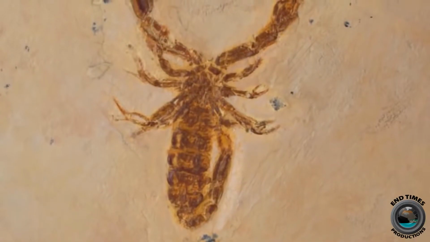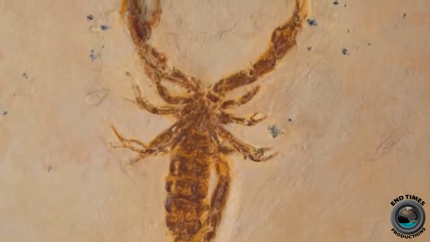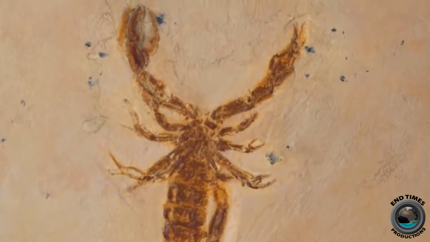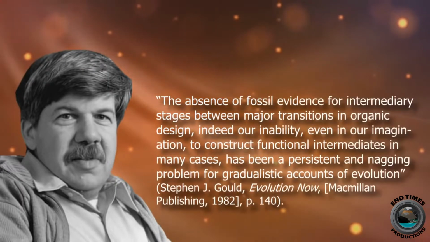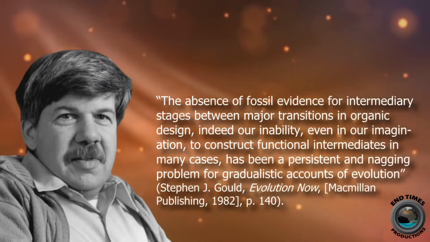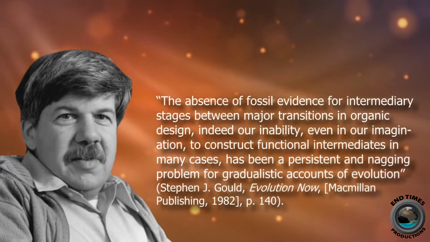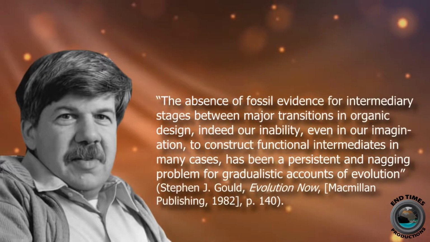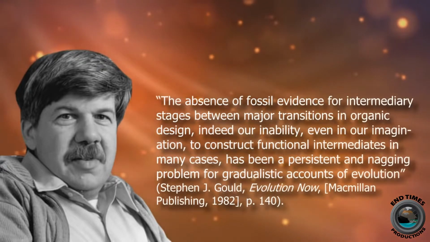Around 100 years later, the famous evolutionist author Stephen Jay Gould likewise noted the fossil record does not actually support this Darwinian gradualistic view of evolution. "The absence of fossil evidence for intermediary stages between major transitions in organic design, indeed our inability, even in our imagination, to construct functional intermediates in many cases, has been a persistent and nagging problem for gradualistic accounts of evolution.